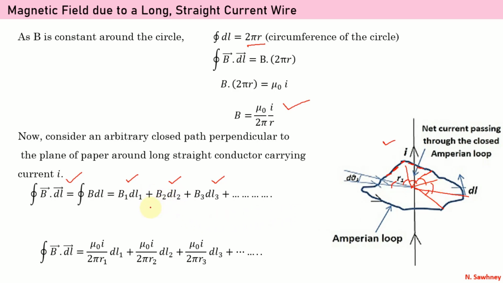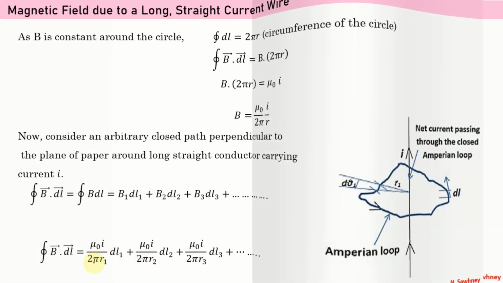So this expression, by putting down the value of B1, B2, B3, can be written as mu naught I upon 2 pi r1, because it is located at a distance of r1 from the center. Similarly, for the second term, it can be written as mu naught I upon 2 pi r2 into dl2 and so on. If we look carefully here, mu naught I upon 2 pi is common in all the terms. So we can take it outside.